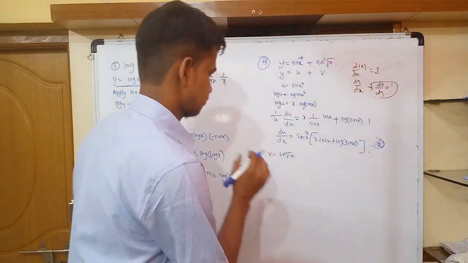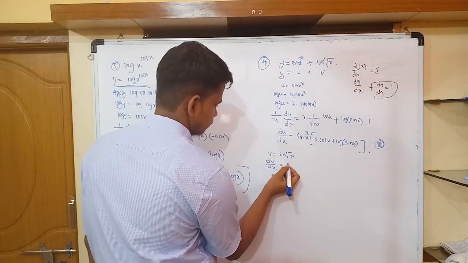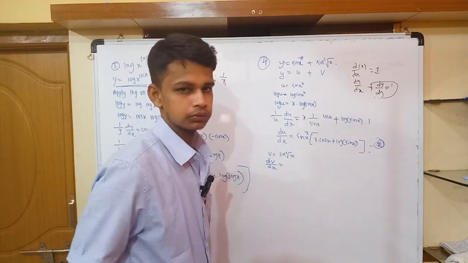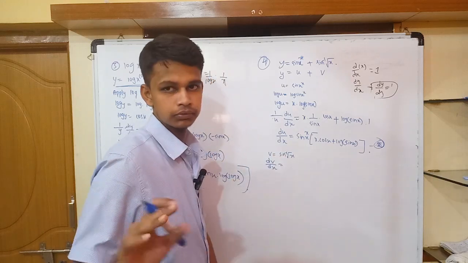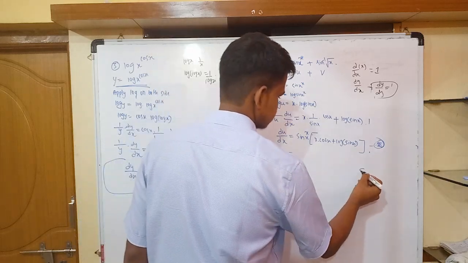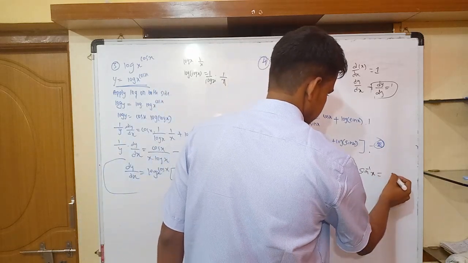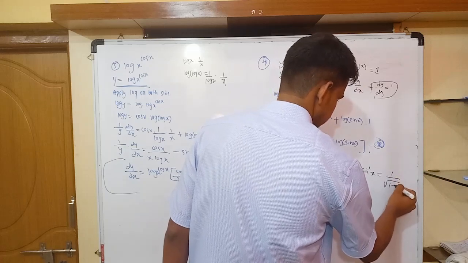This is an easy form. So dv by dx equals the derivative of sin inverse of root x. We know the derivative of sin inverse x is 1 divided by under root 1 minus x square.